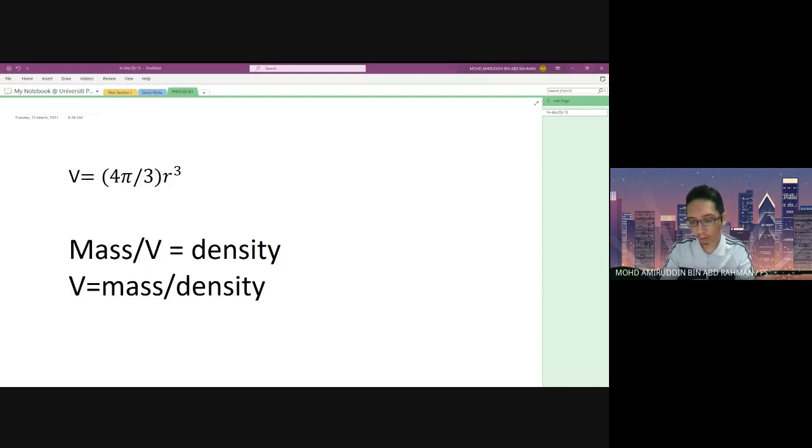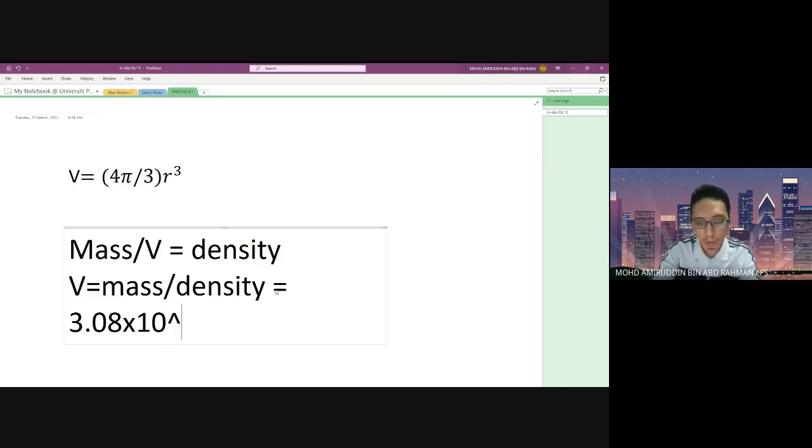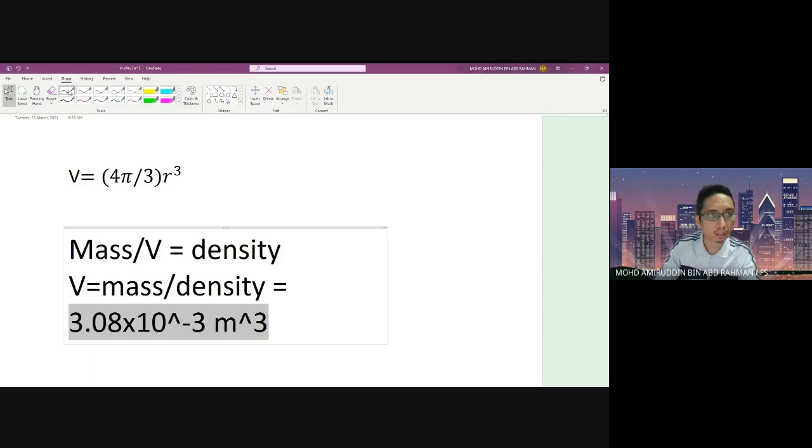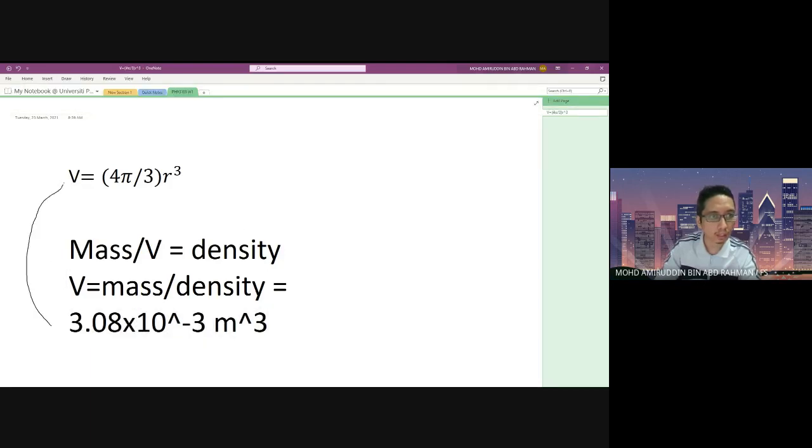So what is your volume in meter cubed? You get 3.08 times 10 to the minus 3 meter cubed. So for the radius, you just plug this V into that equation.